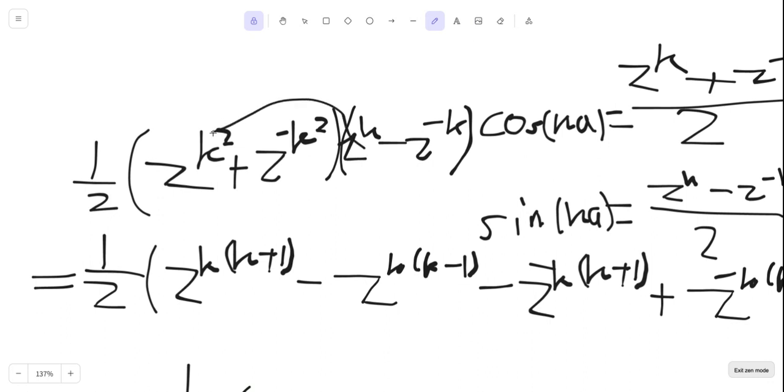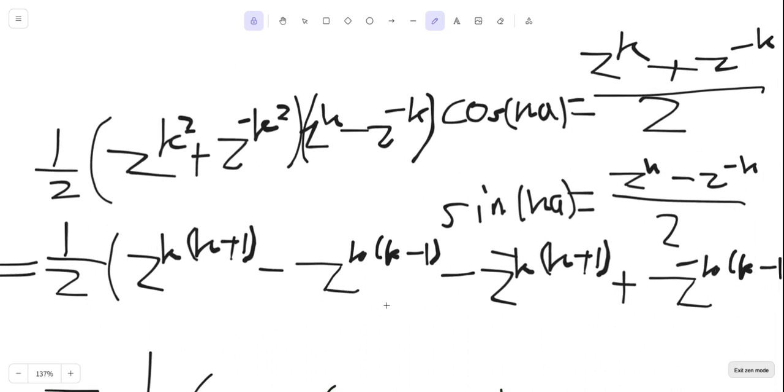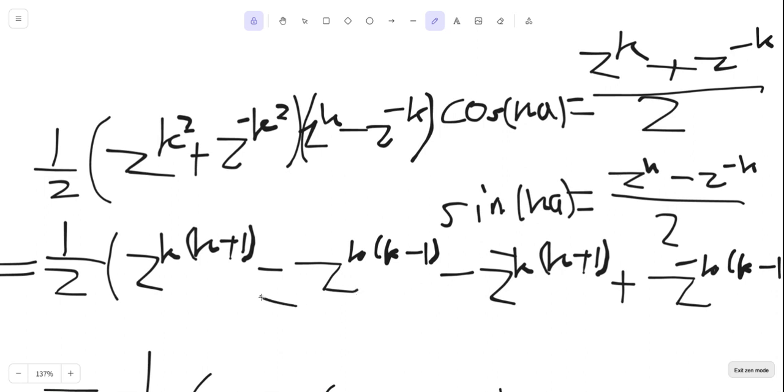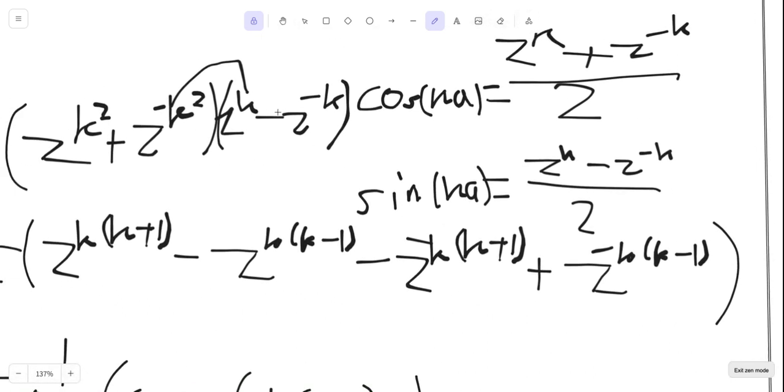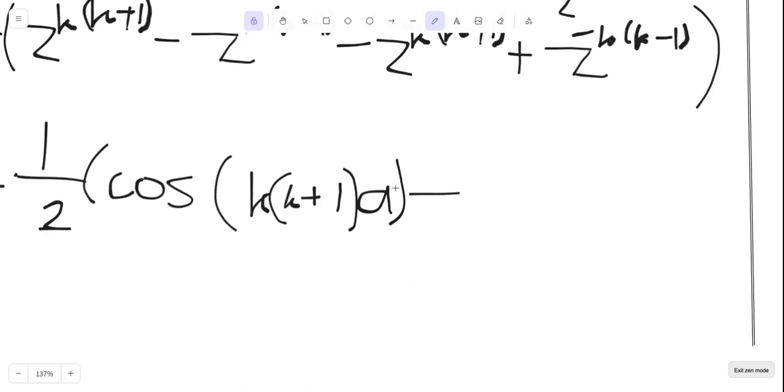Okay, let me just multiply to recheck because I'm not getting the same terms as the other method. Yeah, we got this. Okay, this outside. K squared minus k. Yeah, we get this. Okay. K minus k squared is negative this. Yeah, okay.